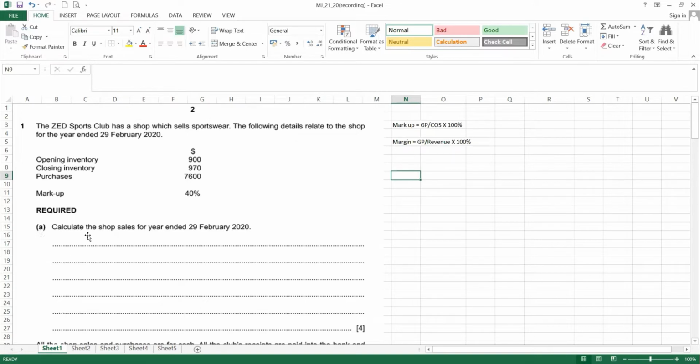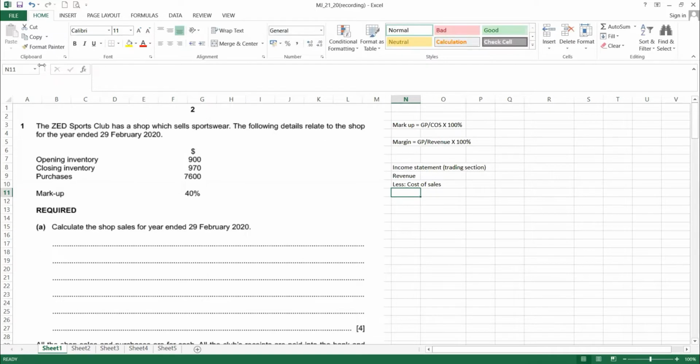Okay, now calculate the shop sales for the year ended. So in this one they want to find the revenue actually. So using the basic income statement, the trading section. Trading section means just revenue less the cost of sales.